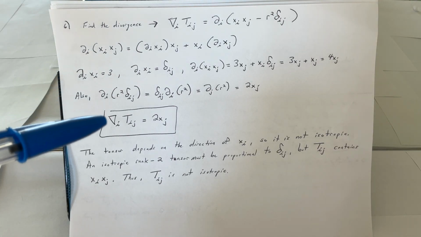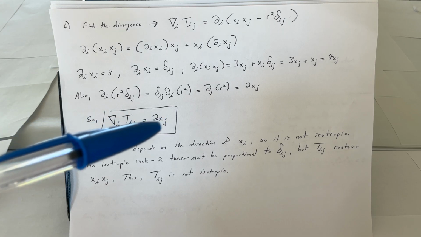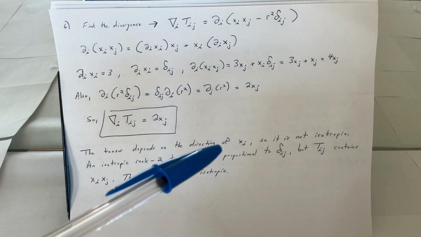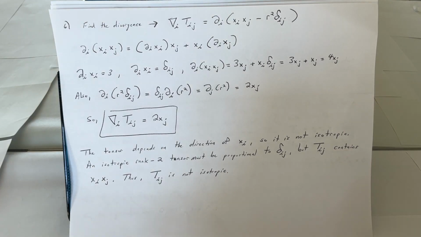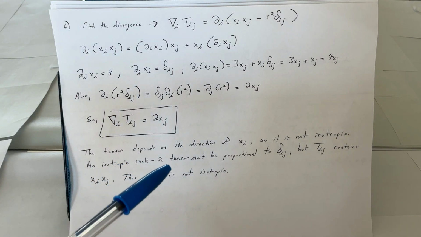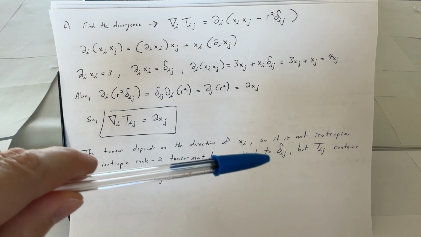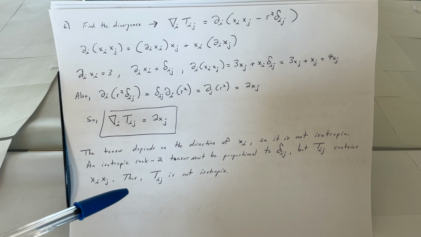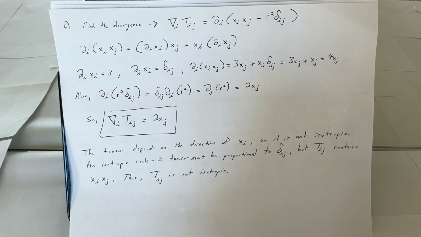We wind up with ∂_i T_ij = 2x_j. So the tensor depends on the direction of x_i, so it is not isotropic. An isotropic rank 2 tensor must be proportional to δ_ij, but this contains x_i x_j.